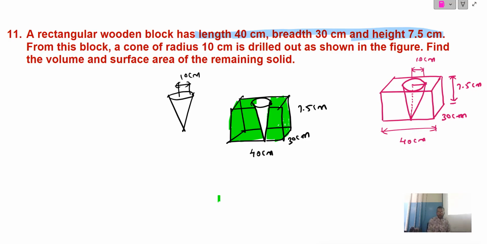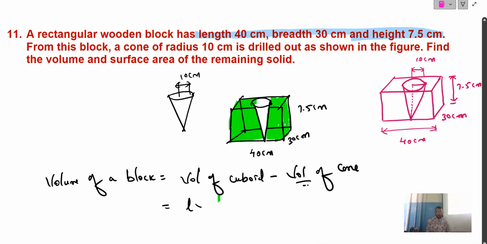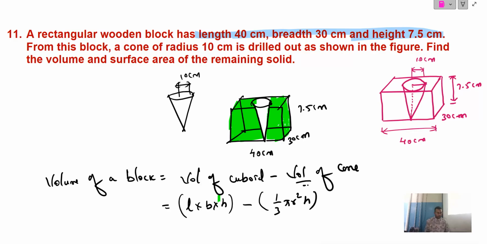Height is 7.5, minus 1 by 3 into pi, which is 22 by 7, and r is the radius of the cone. What is the radius of cone? 10. It is r square, so 10 into 10 into h. What is the height of the cone? That is 7.5.